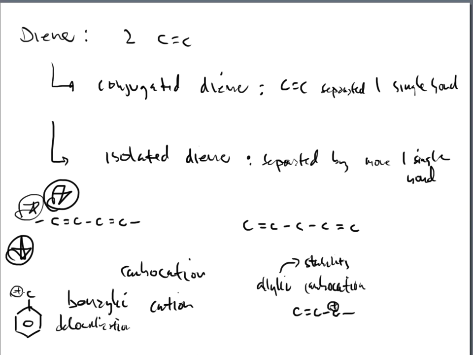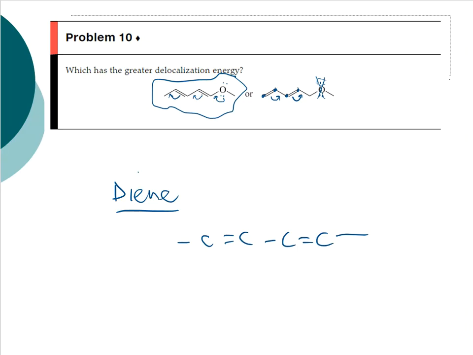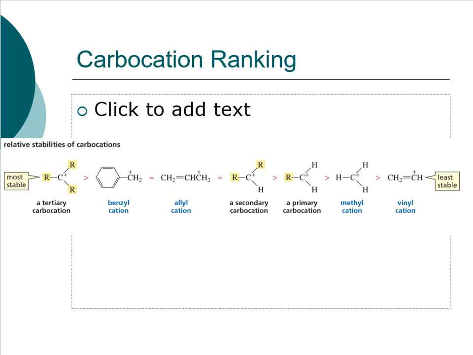We've already positioned them where they needed to be back in the day. This was just bringing that back up again and reaffirming why they are in the positions that they are. So if you need to know that carbocation ranking because you can't find your notes and you don't know where they are, well, here we go. Here's a diagram of it.